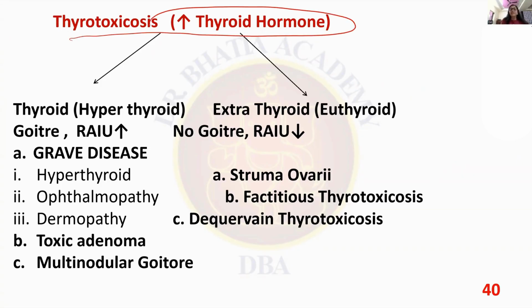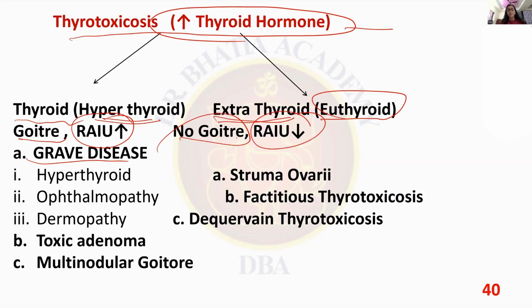In hyperthyroidism there is goiter and increased radioiodine uptake. With extrathyroidal sources, the patient may be euthyroid, there is no goiter and decreased uptake, like struma ovarii, factitious, and de Quervain thyroiditis.